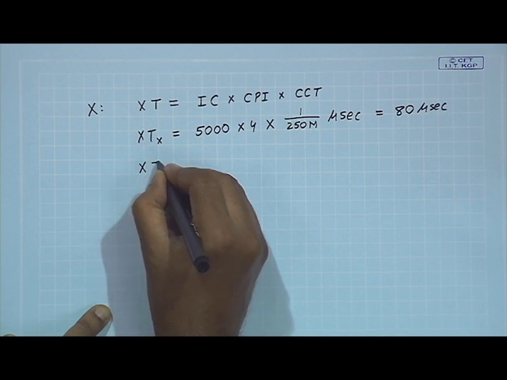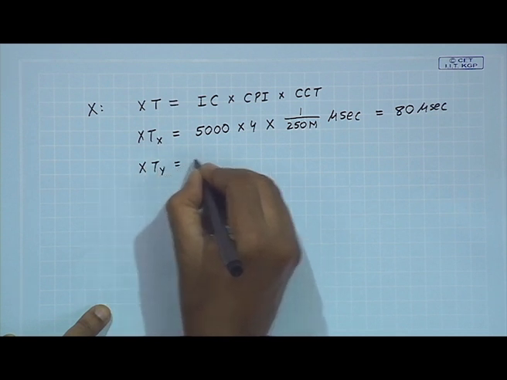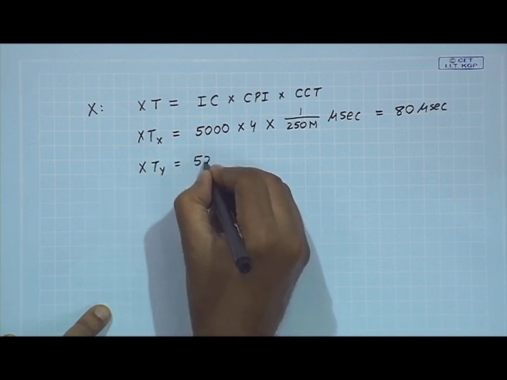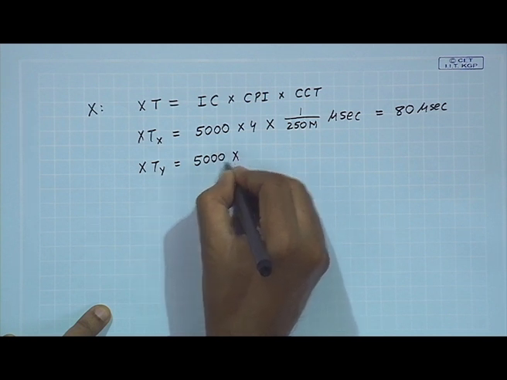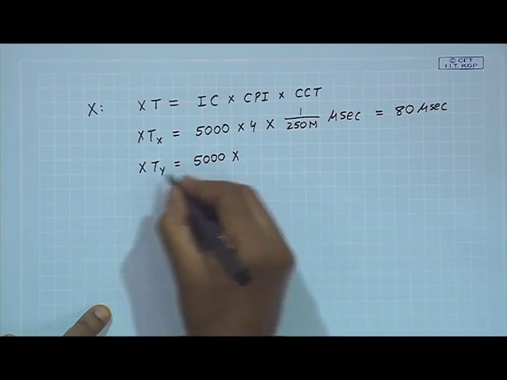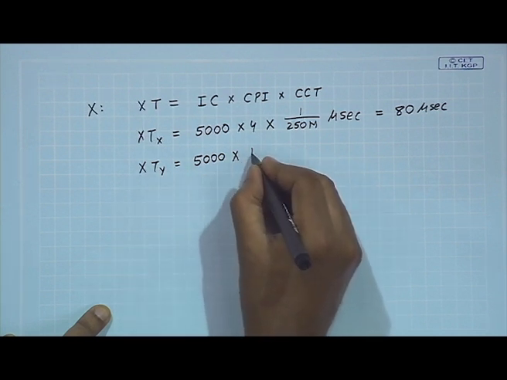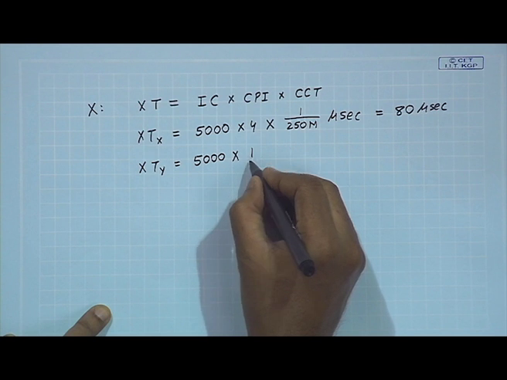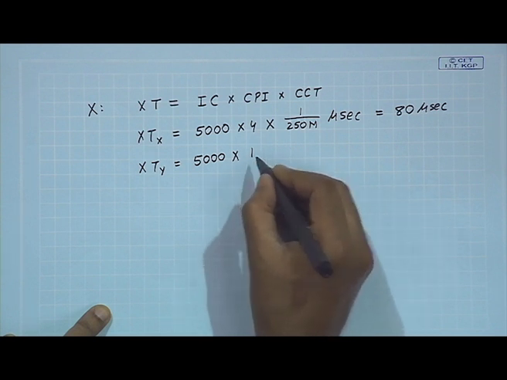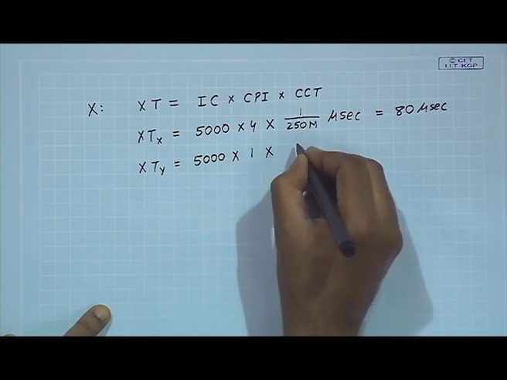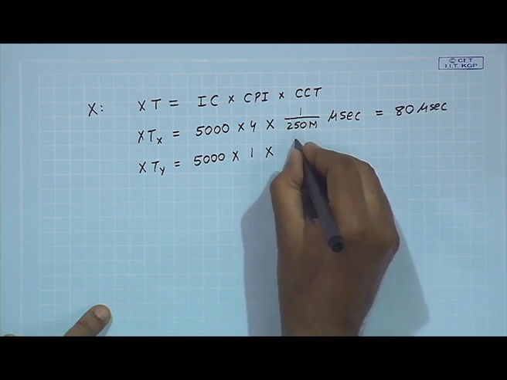Similarly, the execution time of the pipelined processor: again instruction count is 5000. Now, for pipelining, in the ideal case CPI is 1, because in every cycle you can feed a new instruction and one instruction will be completing every clock cycle. And now, your clock cycle has slowed down, it is 200 megahertz.